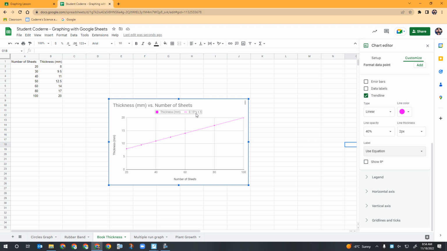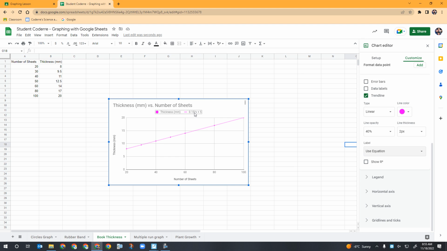That is the equation for our line. Y equals m times x plus b. They just don't have the y equals there, but that's what this equation is right here. All right, at that point, the graph is built. I don't have to do anything else to it.